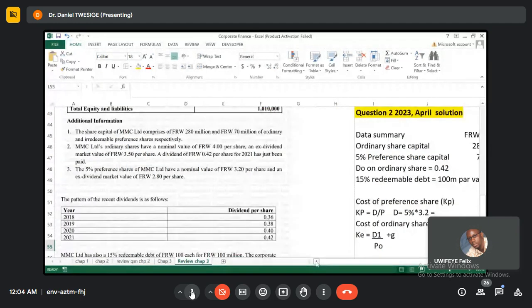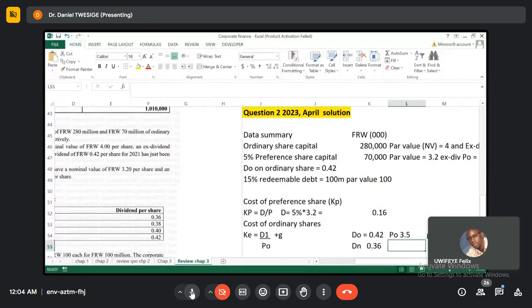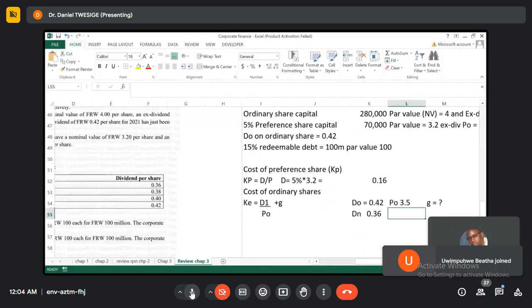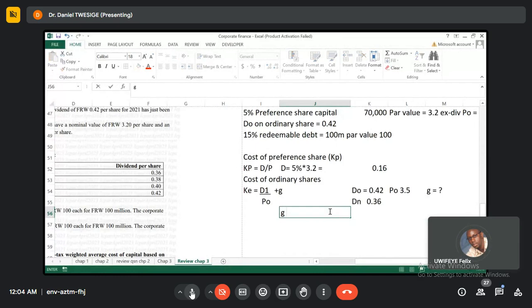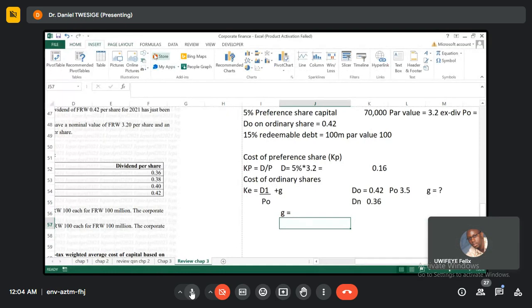So if I check back to our table here, this is 2018, 2019, 2020, 2021, and we are in 2021. It means what will be the growth rate in this case? Because we need the growth rate. So our G will be equal to, I think, cube root. Yes, cube root.